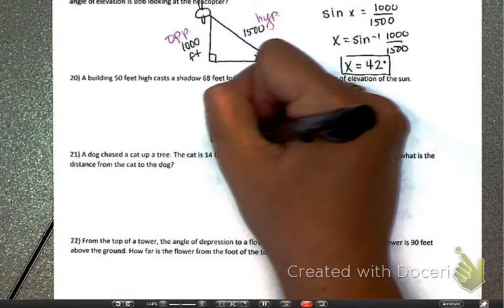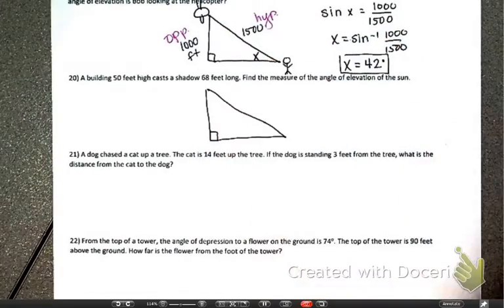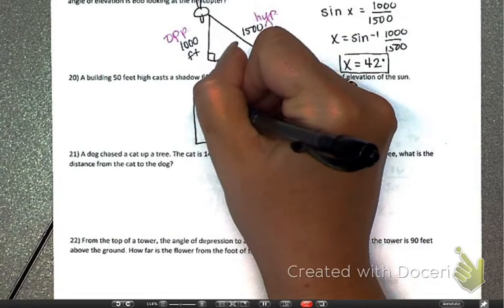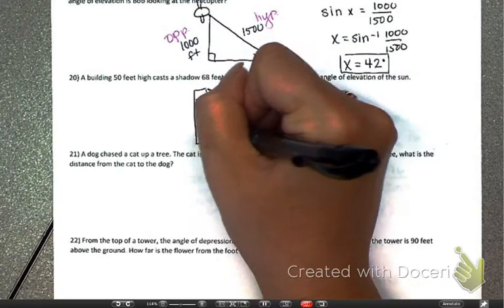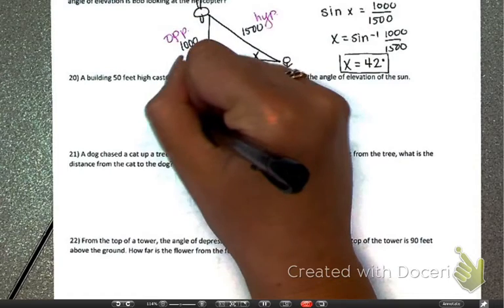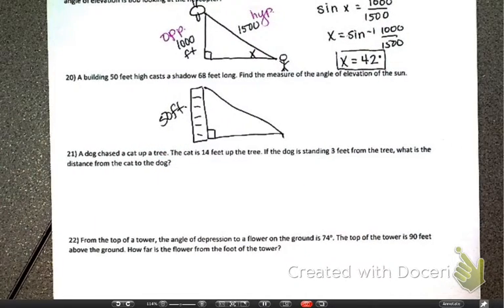Next triangle. So you have a building. Okay, building stands straight up. So here's your building. A building 50 feet high. This was my favorite question for people yesterday. Cast a shadow. If you are outside, where is your shadow?